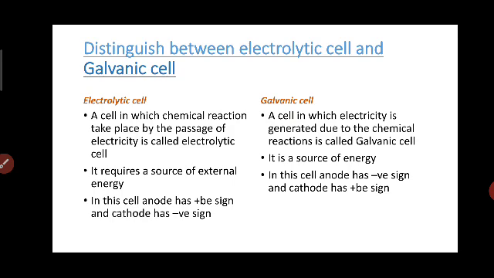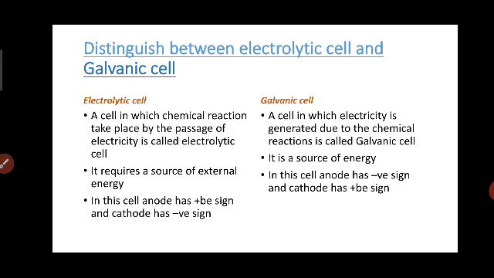Not only that, you have to arrange it in your own way: which cell converts chemical energy into electrical energy is called the galvanic cell. Which cell converts electrical energy into chemical energy is called the electrolytic cell.